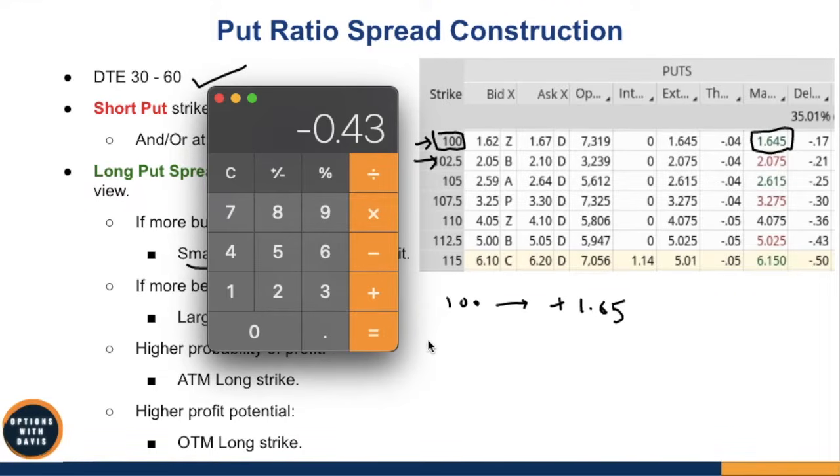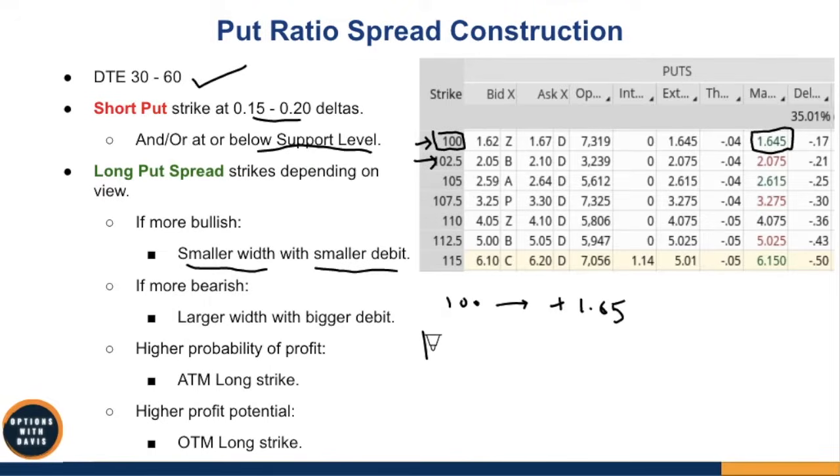So we are creating the 102.5 long put spread with the 100, and this is going to cost us roughly negative 0.43. So if we take 1.65 minus 0.43, what is the net credit that we receive?